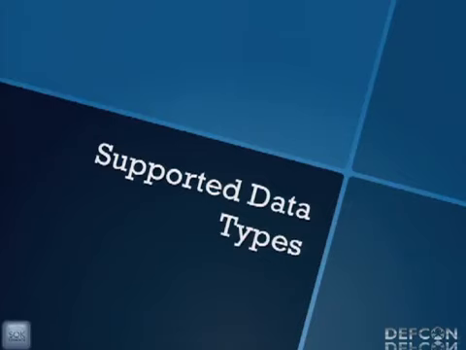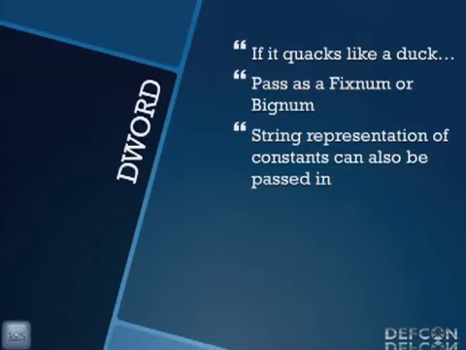So just talk real quick about what those various data types are that are defined in those parameters. The most basic and probably the most common one you're going to see is a DWORD. The general rule of thumb, of course, is if it quacks like a duck, right? So if it acts like a DWORD, treat it as a DWORD. This goes for pointers, handles, all the weird things where you think Ruby doesn't have any concept of that.